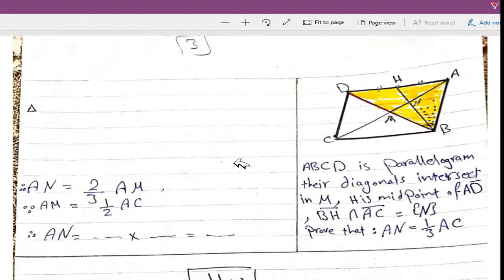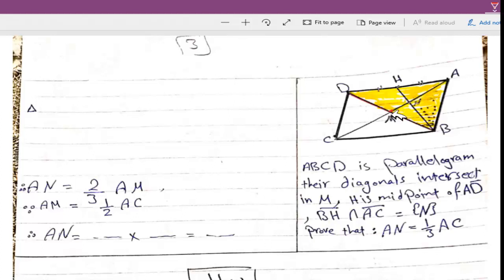Okay, now the last one. ABCD is parallelogram. Their diagonals AC and DB intersect at M. You know from the properties of parallelogram, AC and BD bisect each other. So M is the midpoint.